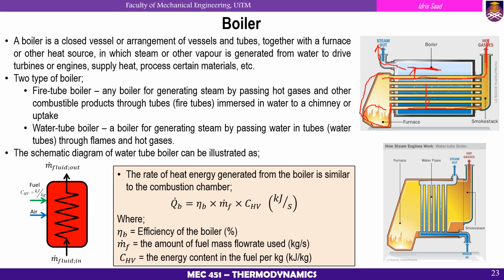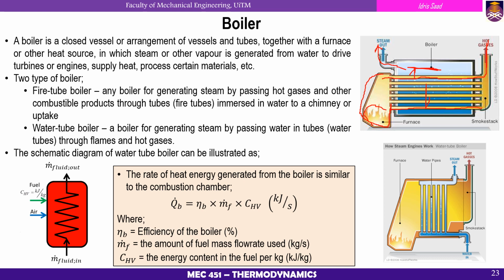The second type of boiler is the water tube boiler. It is a boiler for generating steam by passing water in the tubes, which is the opposite working principle to the fire tube. So the water tube boiler has the water inside the tube that flows through flame and hot gases.